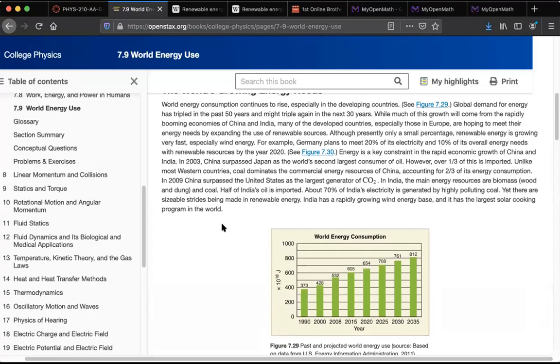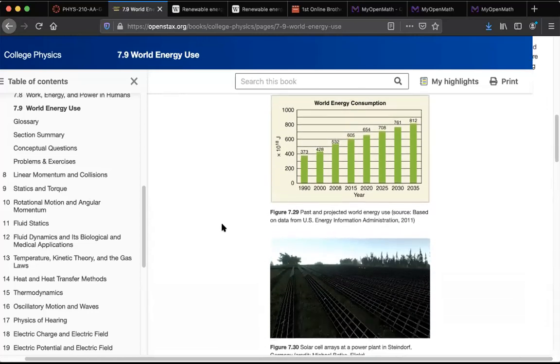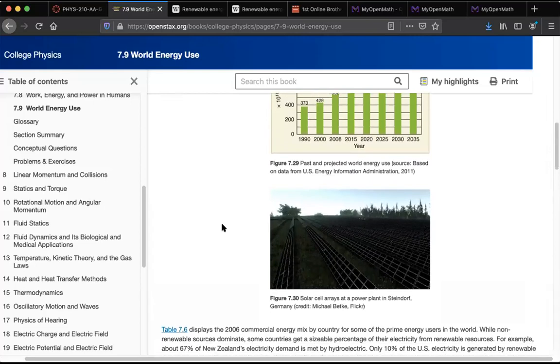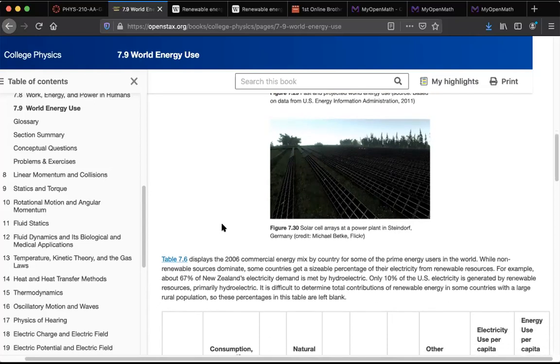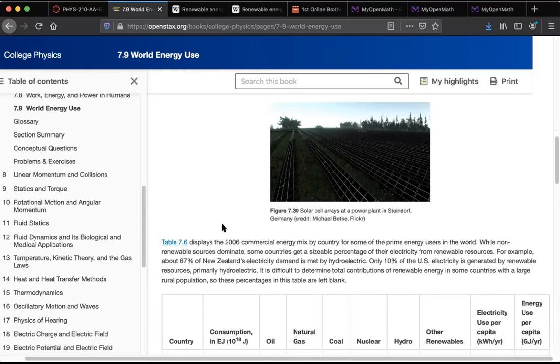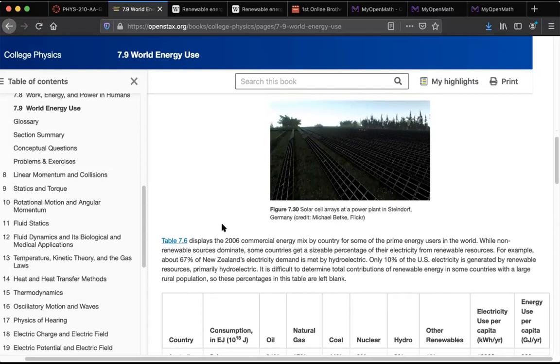And so they don't really talk too much about climate change in here. And I think that's a pretty serious omission. Because climate change is an extremely serious problem, and it needs to be paid attention to, talked about. And I think this book does a disservice by not mentioning it enough.